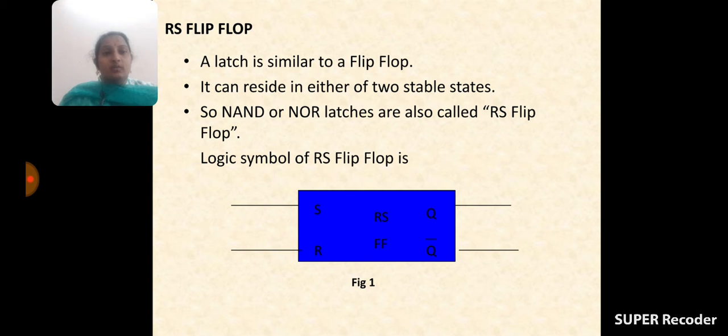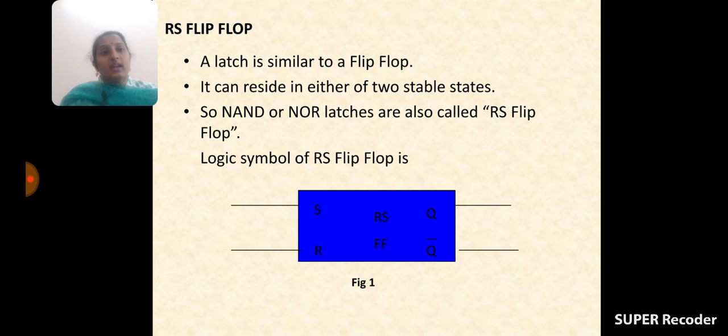Present output depends on the present input as well as the previous output. But without a clock pulse, whether or not the previous stage output has occurred, with the help of present inputs it will produce the outputs, so errors are produced. Because of that, we are working with the clock pulse.